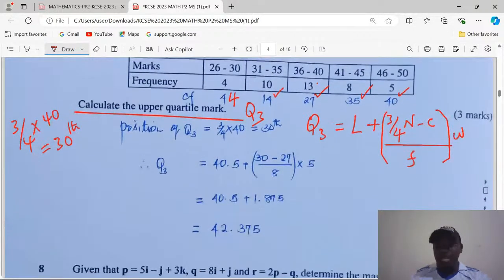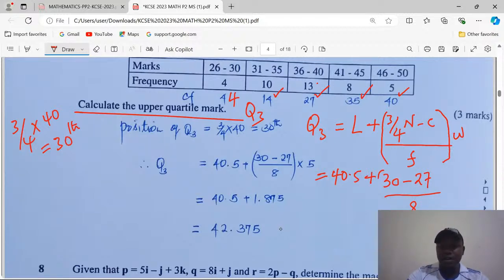So we determine the Q3 by following that class. The lower boundary for such a class is 40.5, plus 3/4 of total frequency, which is 30. We subtract the cumulative frequency just before this class, 27, divided by the frequency for the particular class, which is 8. Then we multiply this by the class width.